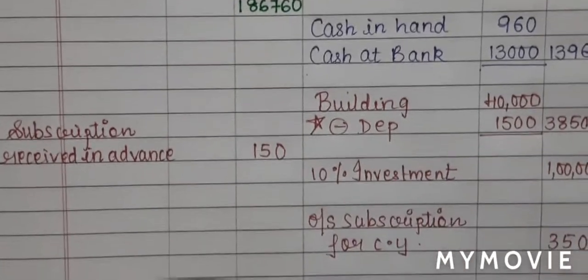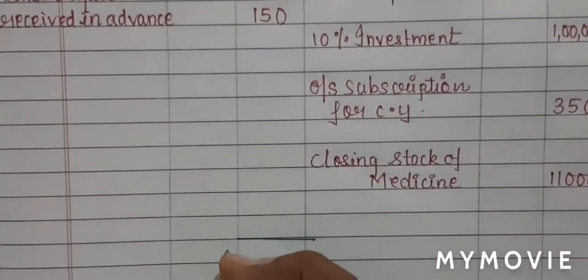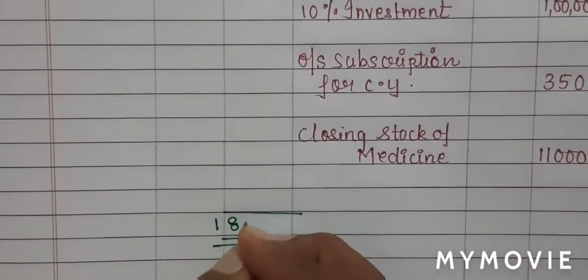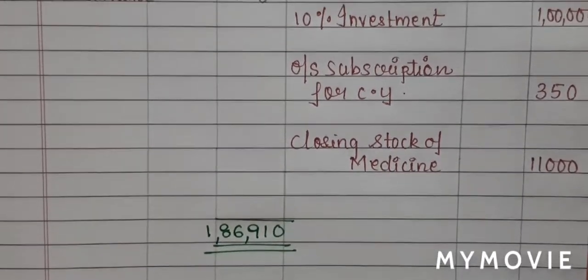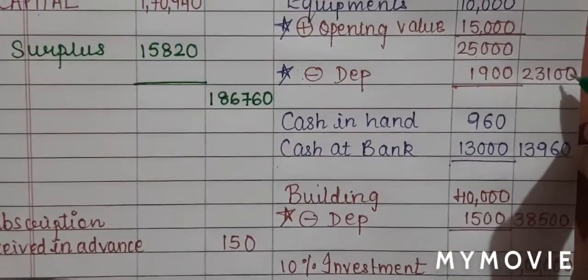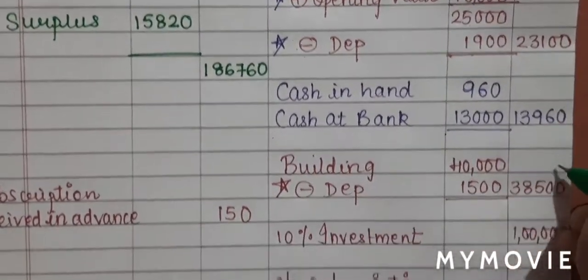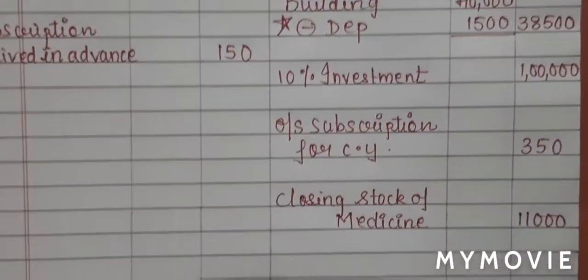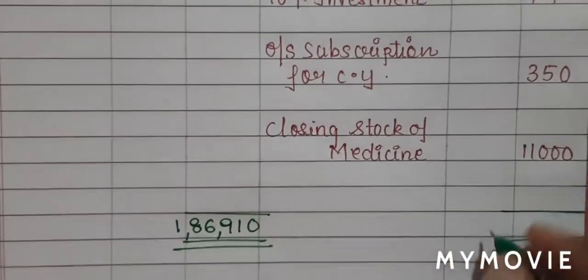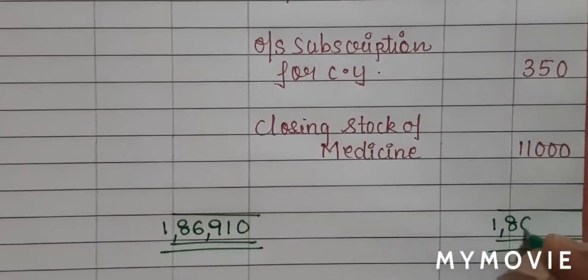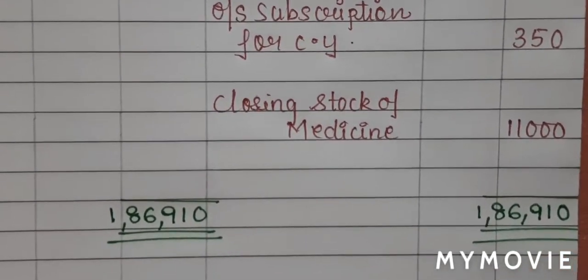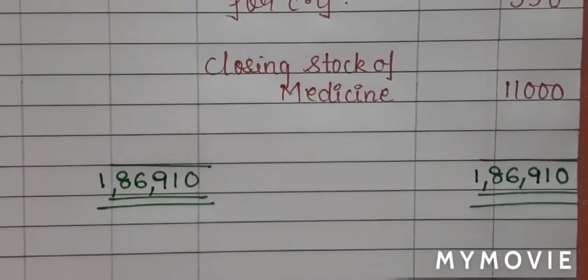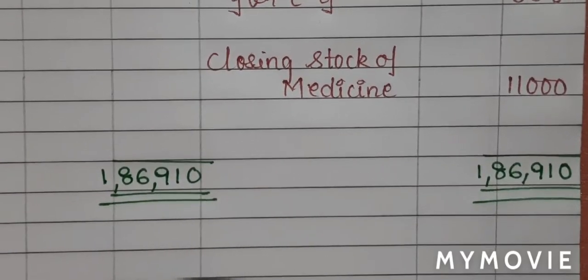So when I total liability side, I get a total of 1,86,910. Now in the same manner, I will total the asset side. So when I total the asset side, I get the same total as the liability, that is 1,86,910. With this, students, we have completed sum number 6, and I hope you have understood the sum.